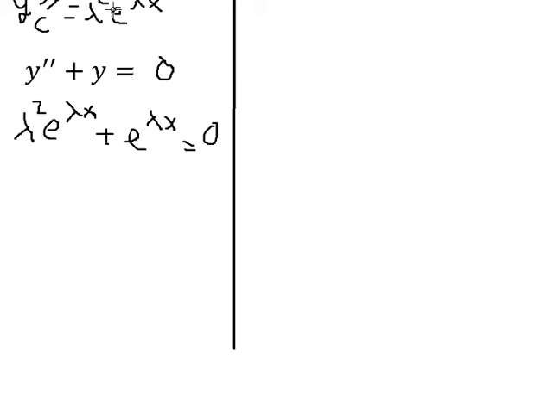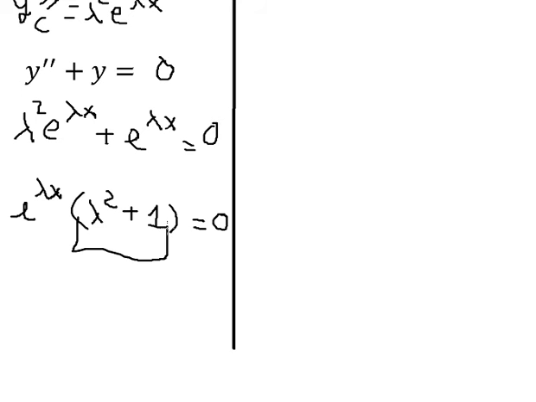So we have e to the power of lambda s, and we can do factorization, and we get lambda square plus 1. So we have this one equals 0.